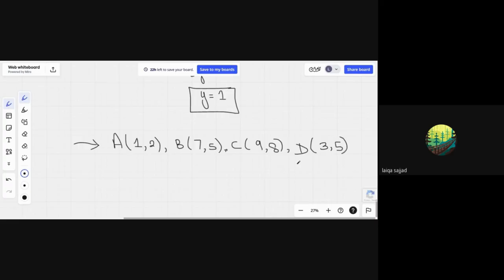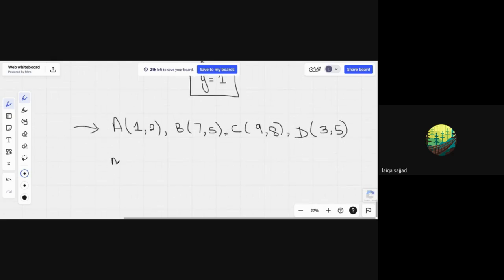We are asked to find the gradients for AB, for BC, for CD, and for DA.